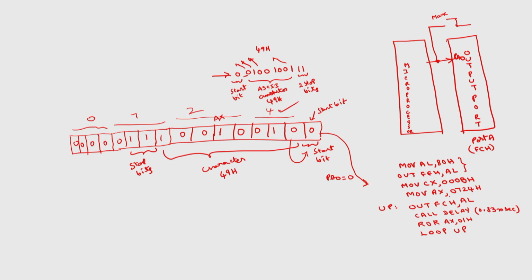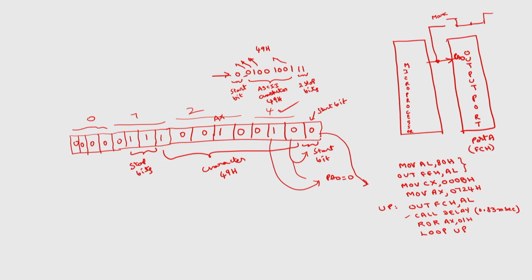Now, what happens? The second bit 0 will be transmitted, this is 0 for 0.83 milliseconds because the delay is there again. Again another shift. So, this 1 will come to the LSB position, and this 1 will be transmitted for 0.83 milliseconds. Like that this sequence will be outputted.